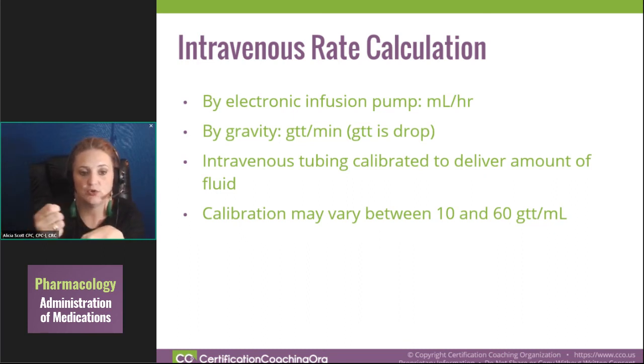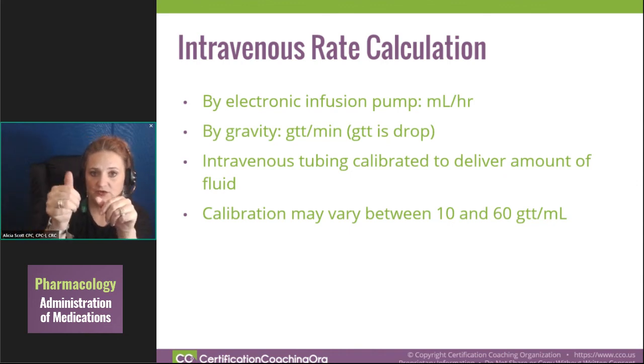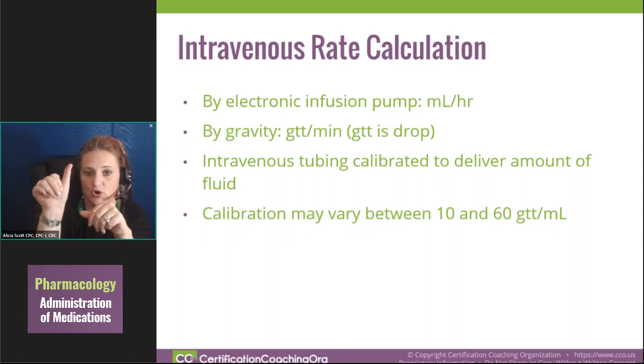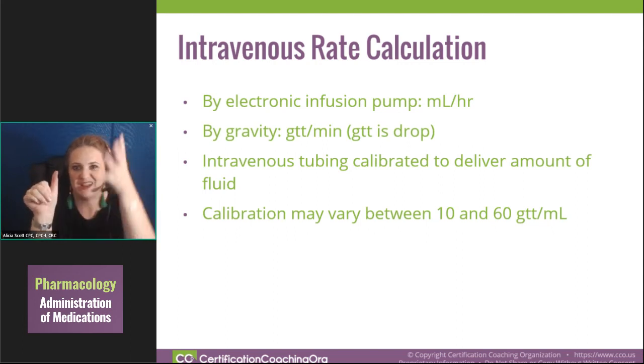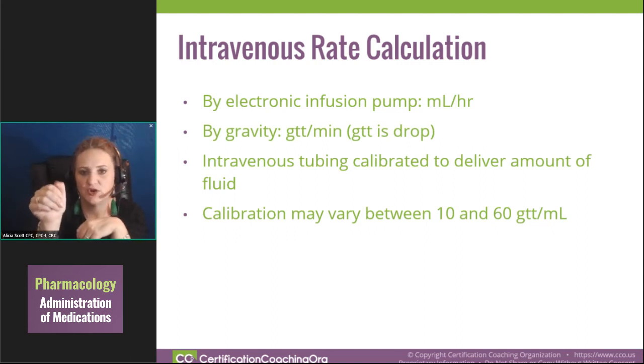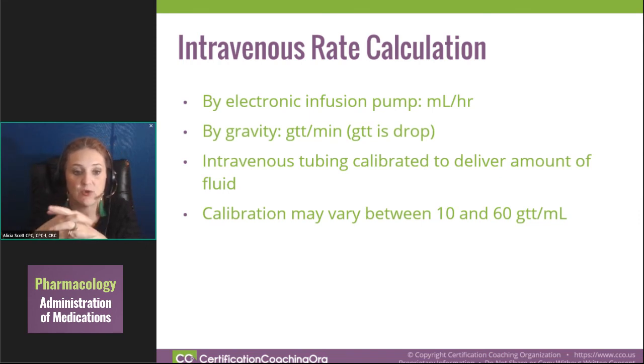Or you can do it by gravity, where you can open it wide open. They squeeze the bag, versus you pulling it down where it does one drop. And it's all being done by gravity. You can calibrate the tubing, and how you calibrate is either electronic or gravity, right?